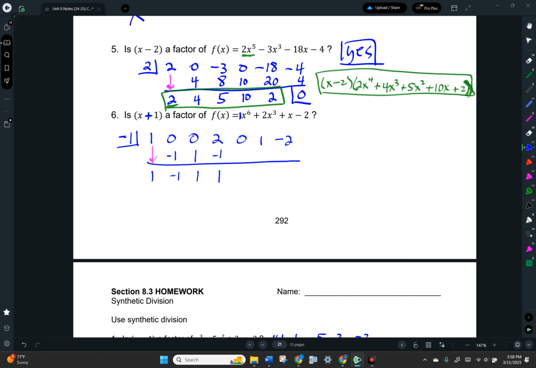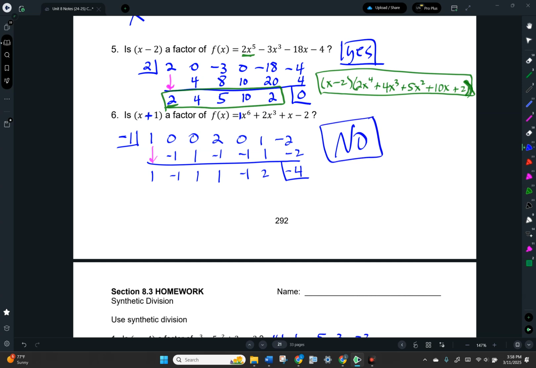Keep going, just alternating, multiply and add. Now, it may look like you see the negative 2's and you may say, oh, yeah, it's 0. No, it's not. You're adding. Negative 2 and negative 2 is negative 4. So we're ending in negative 4. So is x plus 1 a factor? No, it is not.